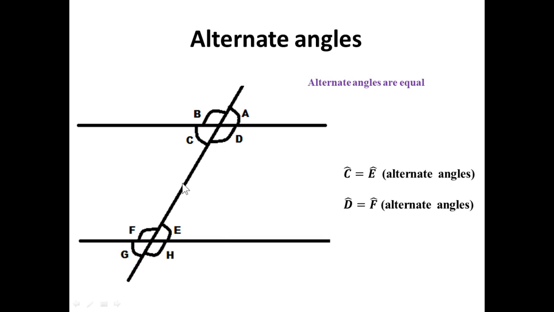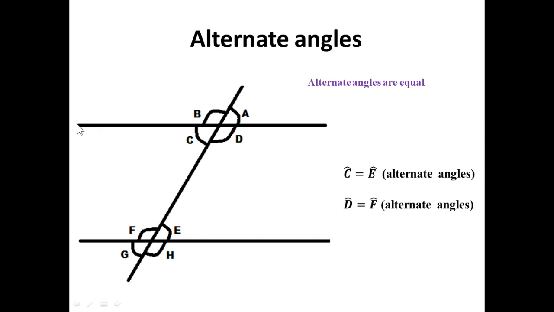This is the line of transversal, and this line and the other line are parallel. We have different angles here, which we label A, B, C, D, E, F, G, H. Which angles are alternate? I want you to know that alternate angles are equal. How do we get alternate angles?